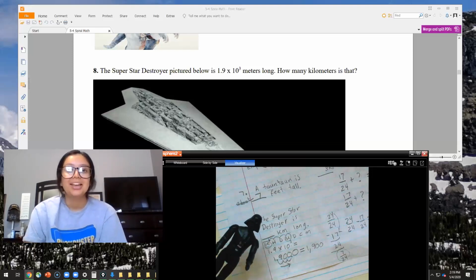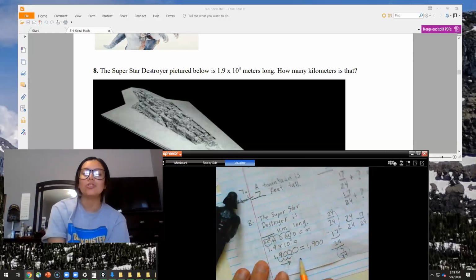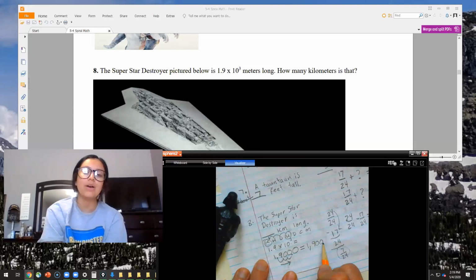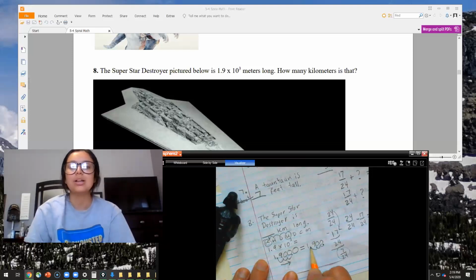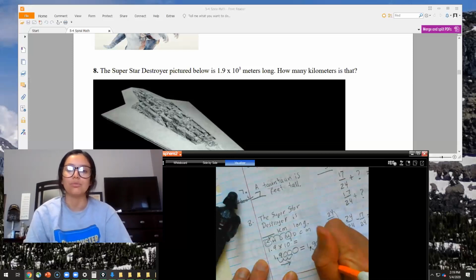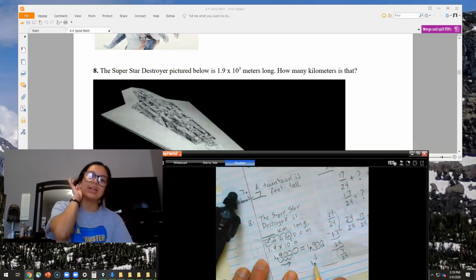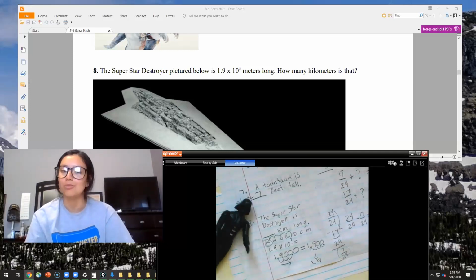So we are going to move the decimal on our 1,900. Our decimal is all the way at the very end on the right, and we count 3 place values to the left. 1, 2, and 3. So you should end with 1.9, and you don't have to write those zeros after the 9 anymore.